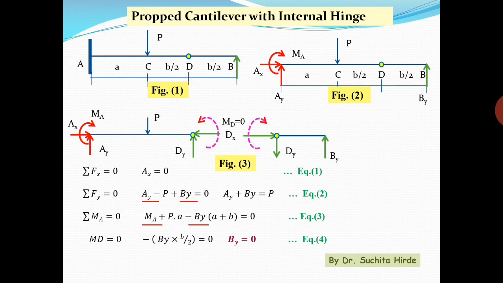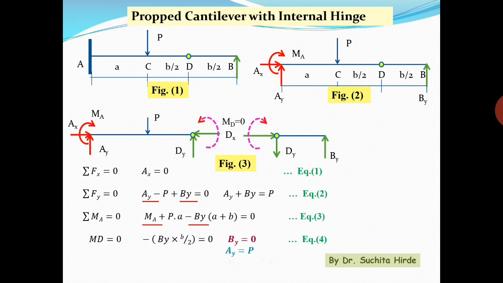Now we can substitute this By in equation 2. So we can get another unknown, which is Ay, which is equal to P. Now we can substitute this again in equation 3.